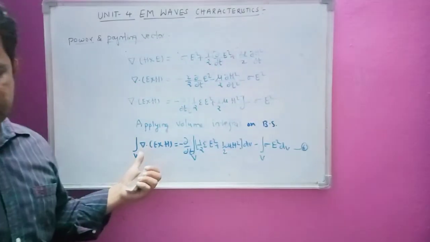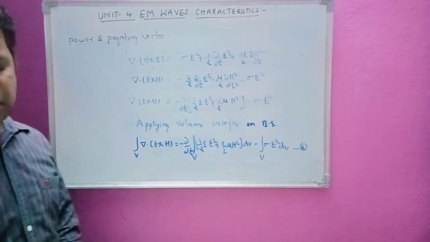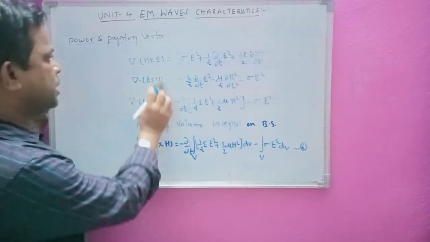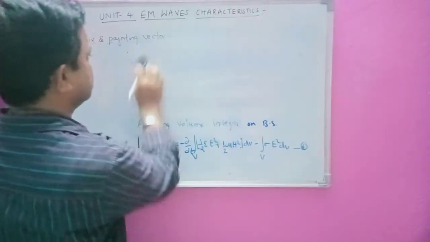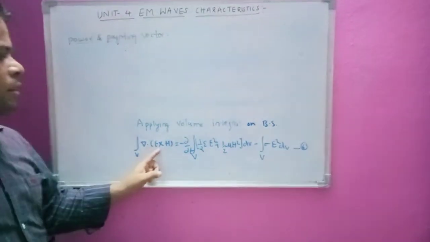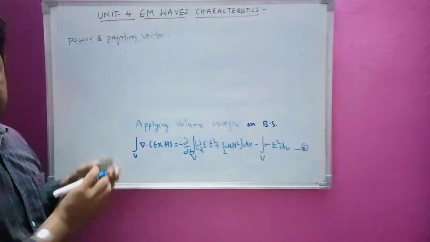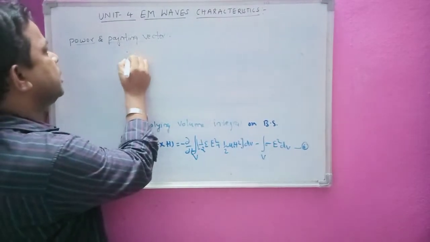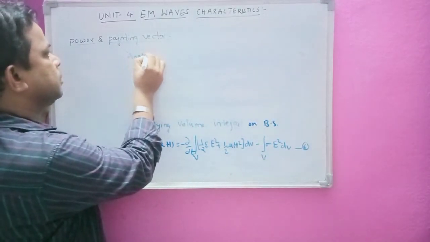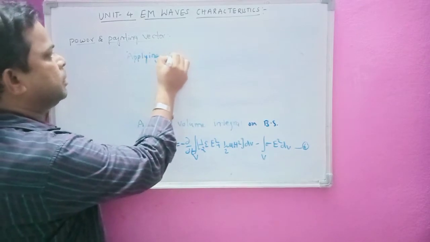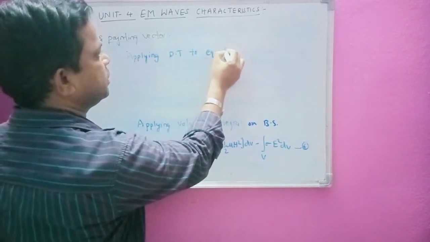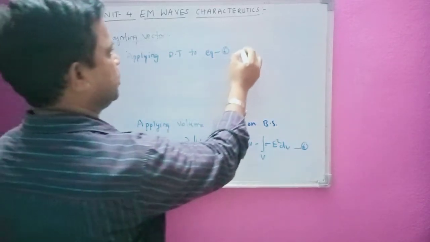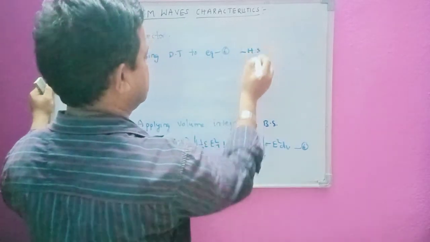Now for this equation I am going to apply the divergence theorem. Applying the divergence theorem to equation 6, only to the left hand side, that is the LHS term.